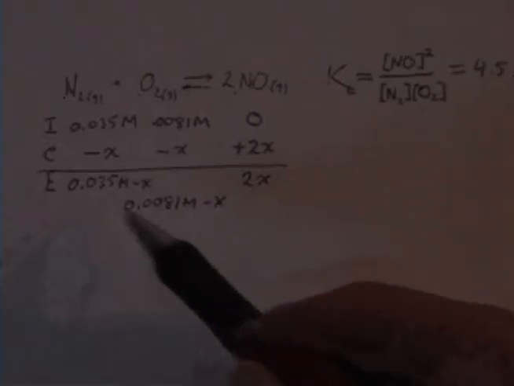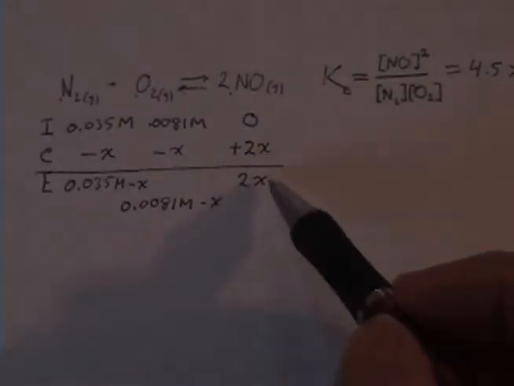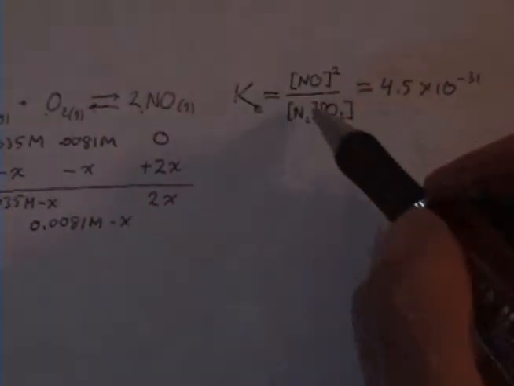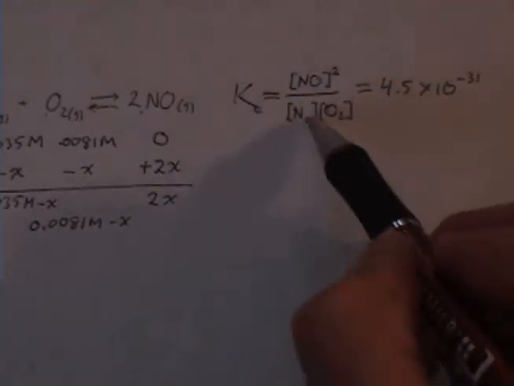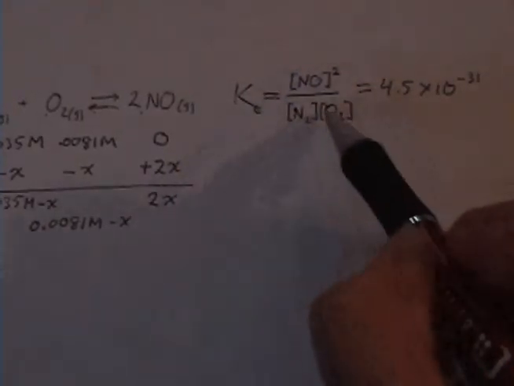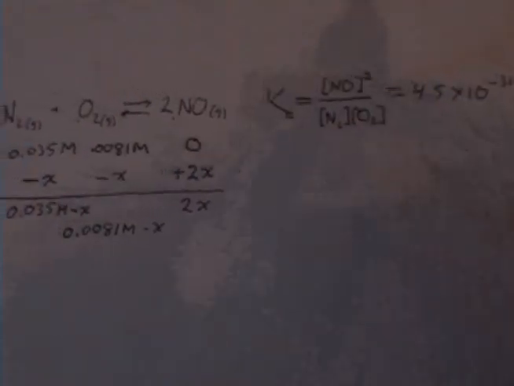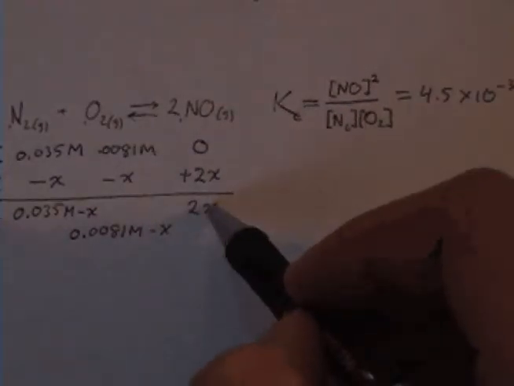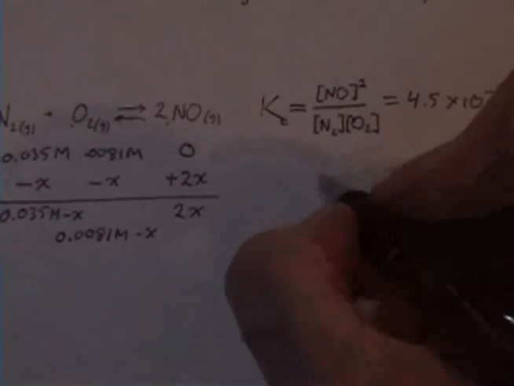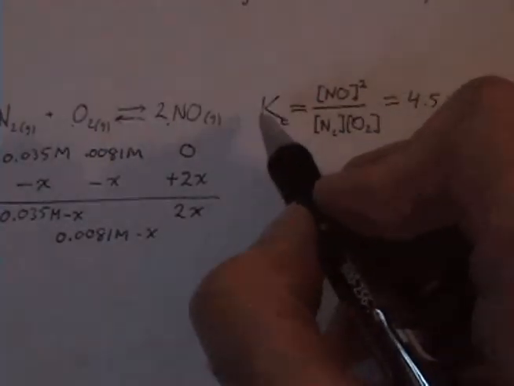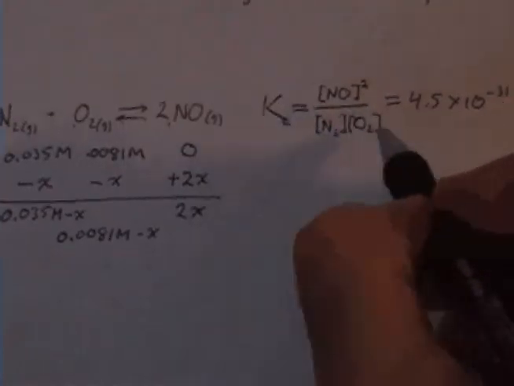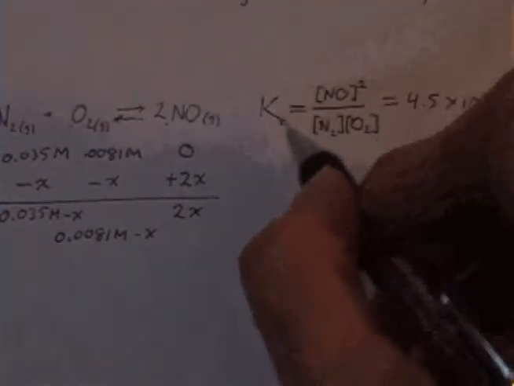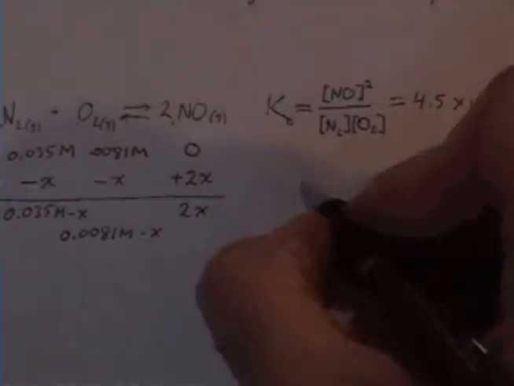How do I find this value for x so I can actually calculate that concentration? Well, I use my equilibrium constant. It's the product of these values, so my NO squared is my equilibrium concentration of NO. This is the equilibrium constant, so it uses concentrations at equilibrium. If we're not at equilibrium, we call it the quotient and give it the symbol Q, but that's used less often.